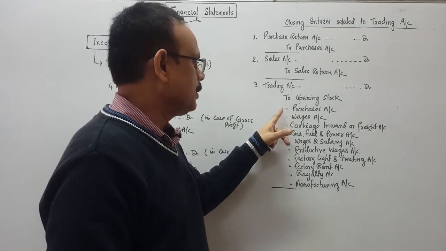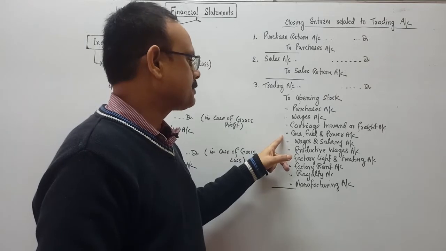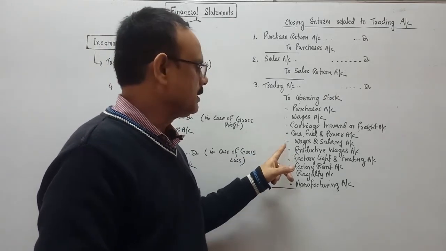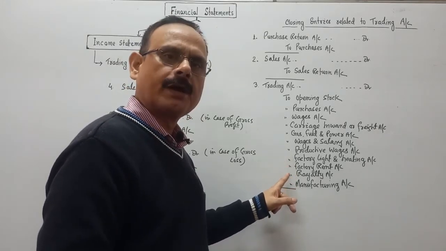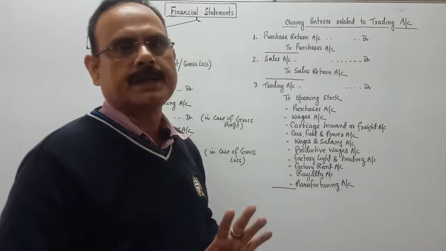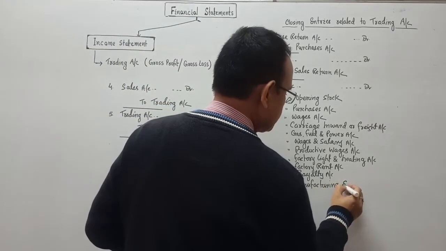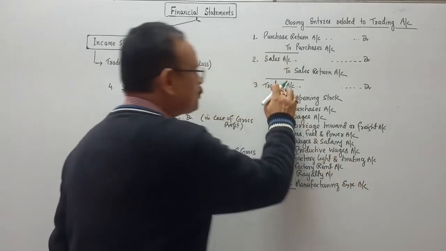To purchase, wages, carriage inward or freight account, gas, fuel or power account, wages and salary account, productive wages, factory lighting and heating, factory rent, royalty and manufacturing expenses, if any. So that will be debited to trading account.